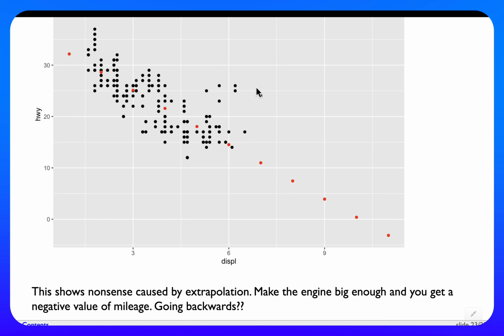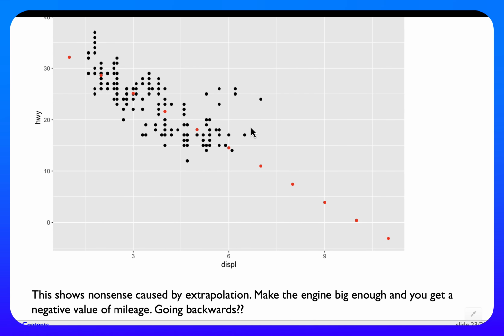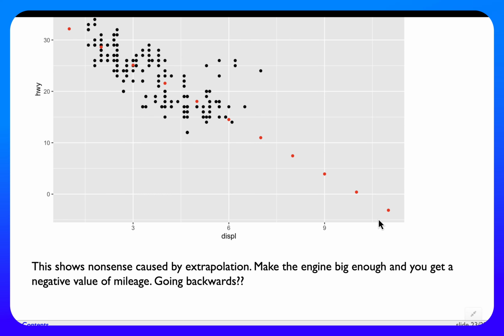And in reality, we should not try to make predictions based on displacement for much above 6 liters. Clearly, these points out here are not justified by this model. Okay, so that concludes this particular little presentation on regression.